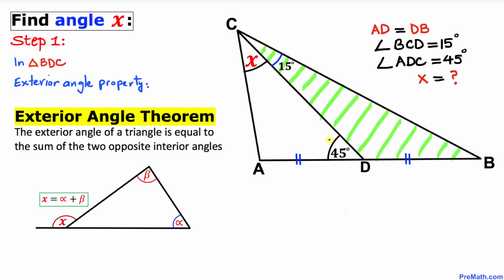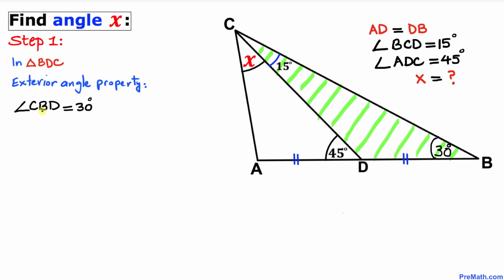So therefore we can see that this 45 degrees is our exterior angle and that is equal to the sum of these two opposite interior angles. And if this is 15 degrees, this angle has got to be 30 degrees. So therefore our angle CBD turns out to be 30 degrees. And now let's recall the straight angle property.